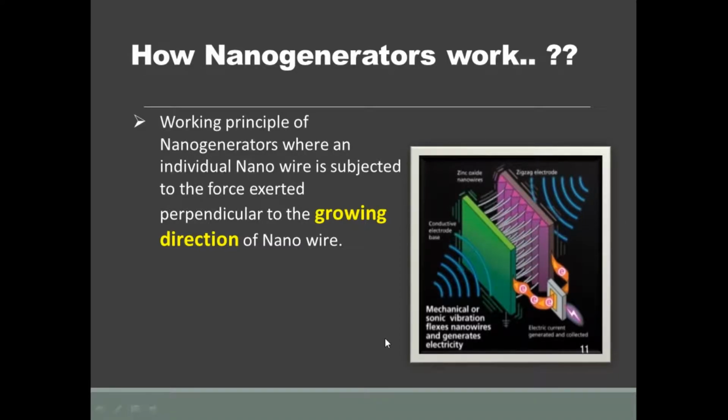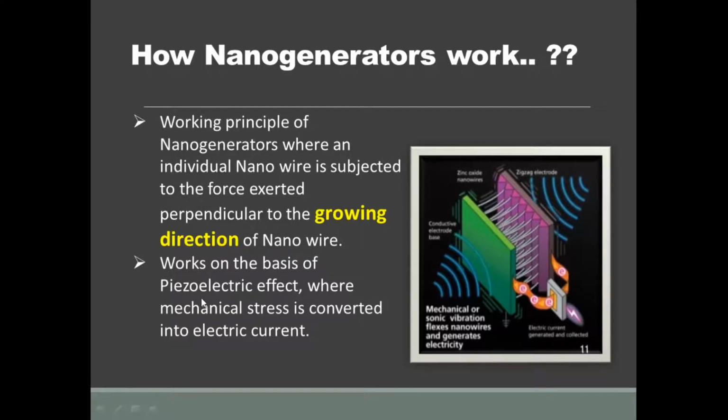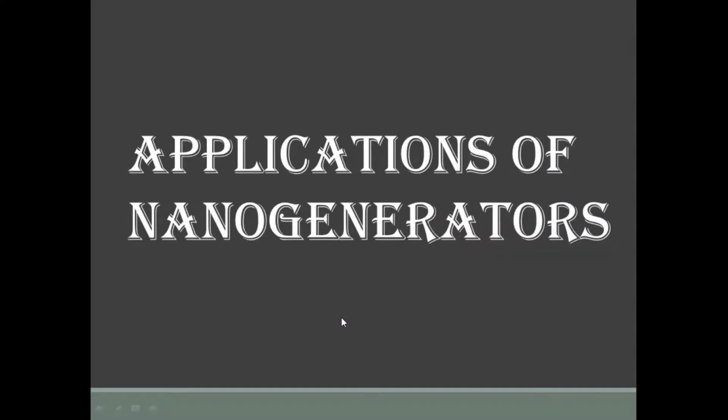They work on the basis of the piezoelectric effect, where mechanical stress is converted into electrical current. So the piezoelectric effect, I think you have clear now, is where mechanical stress is converted into electrical current.